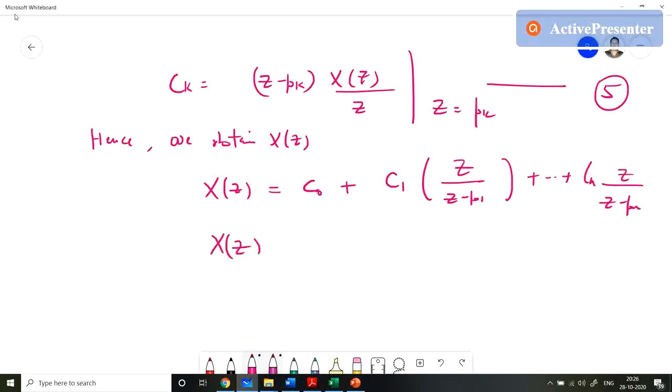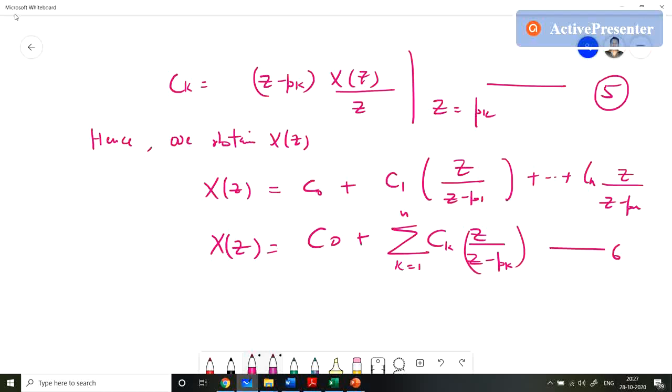So X(z) equals c0 plus summation k equals 1 to n of ck z divided by (z minus pk), and this is equation number 6.